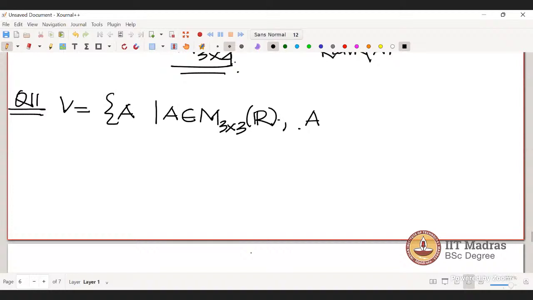So A is upper triangular and the sum of the diagonal entries is 0.